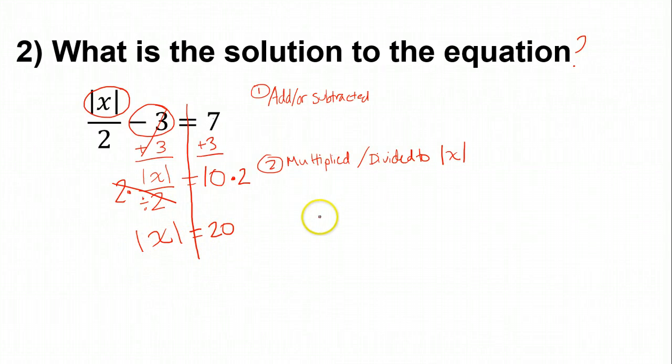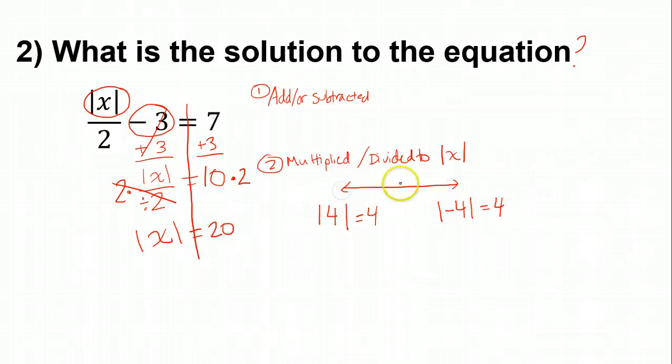because if you remember absolute value, an absolute value of 4 will get me 4, and an absolute value of a negative 4 will still get me 4. It just has to do with the distance on a number line. So even though my 4 is here, it's still 4 away. And even if I'm at a negative 4, I'm still the same distance, 4 away.